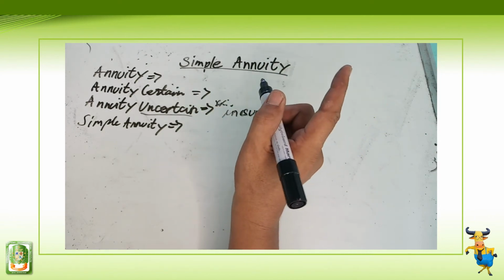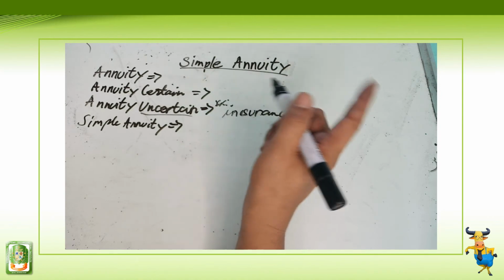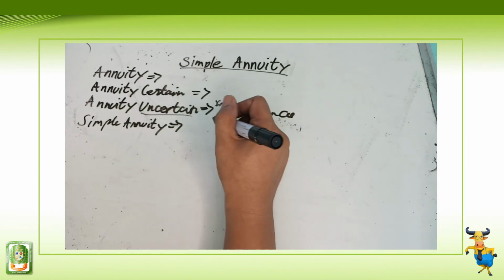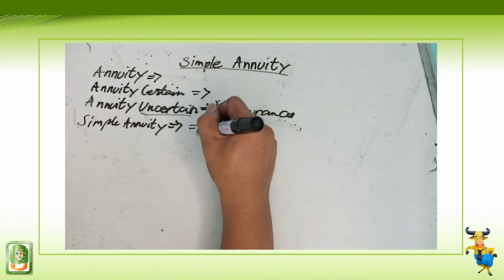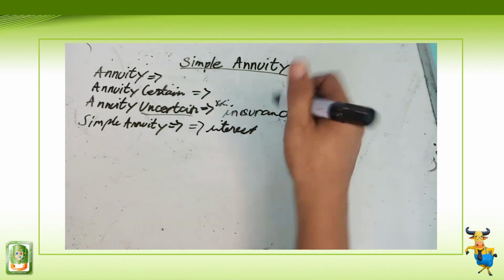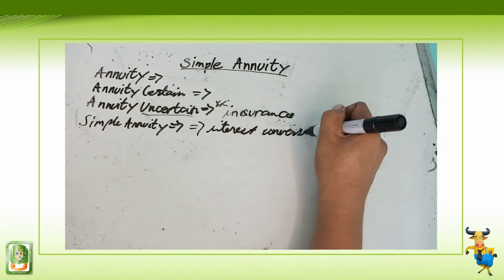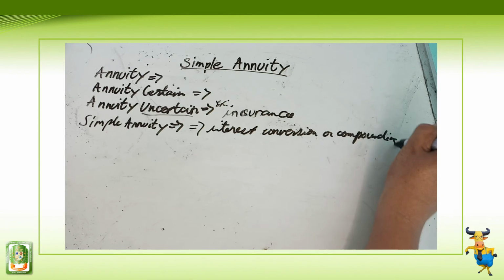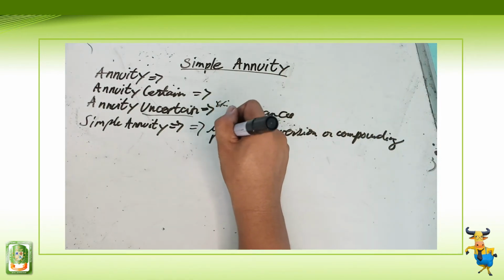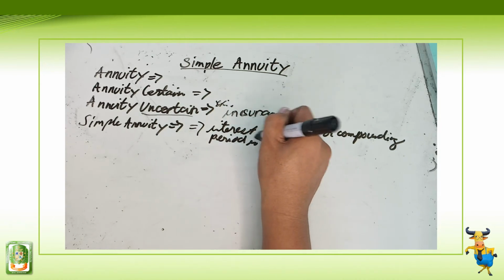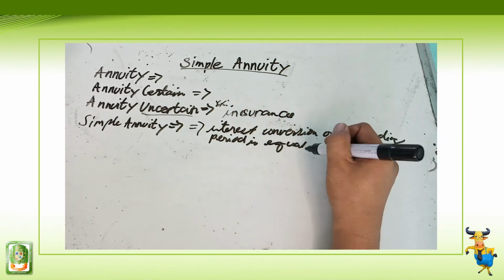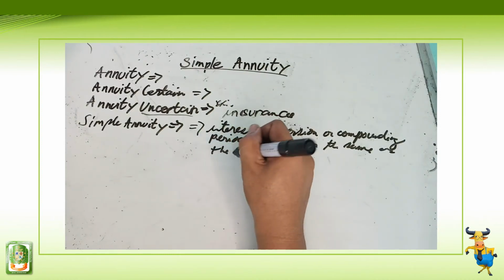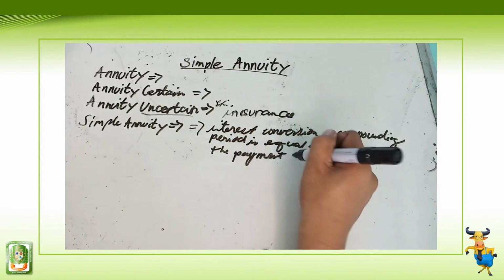Ulitin ko, interest conversion, or compounding period is equal or the same as the payment interval. Okay?